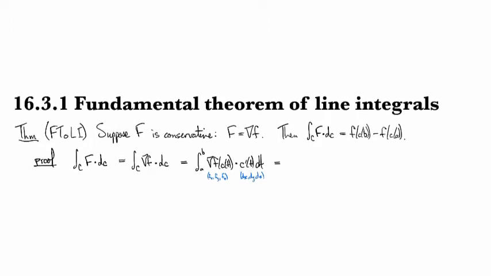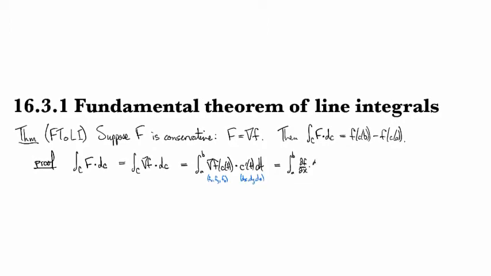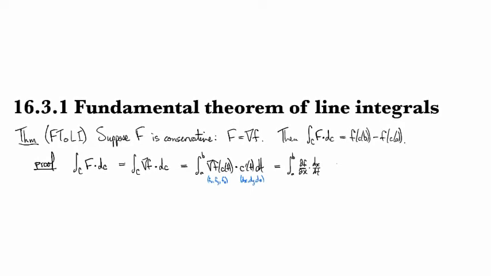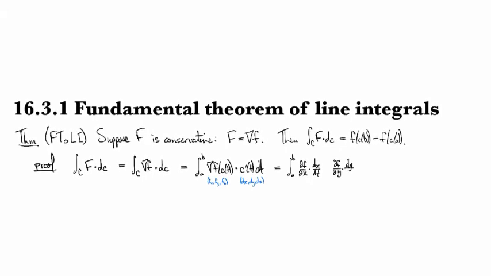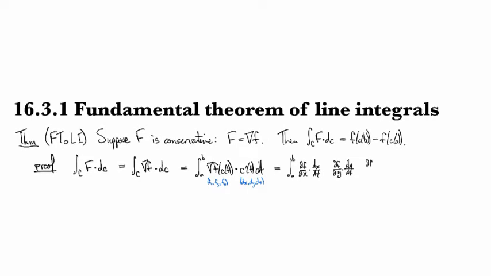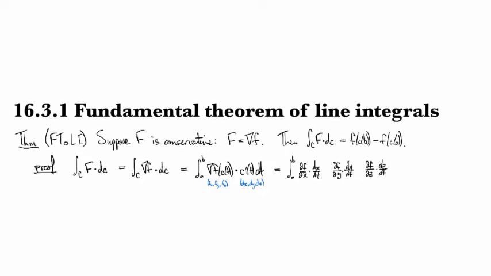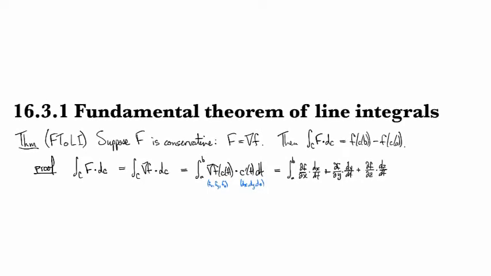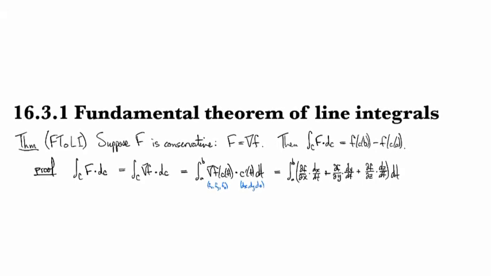So when I do that dot product, I'm going to have the integral from a to b of partial of f with respect to x times dx/dt from the first part of dc, and then I'll have df/dy dy/dt, and df/dz dz/dt, and these will all be added up. So there's our dot product, and this whole thing of course is integrated with respect to dt.